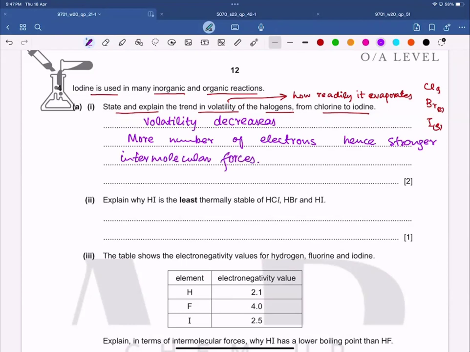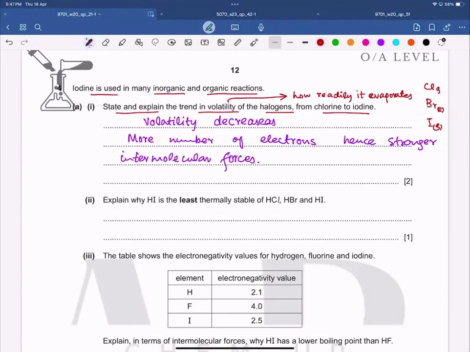Is this clear? Yes, sir. No, you can't write about the density, because volatility is related to the intermolecular forces, the strength between the molecules. So you have to explain that.